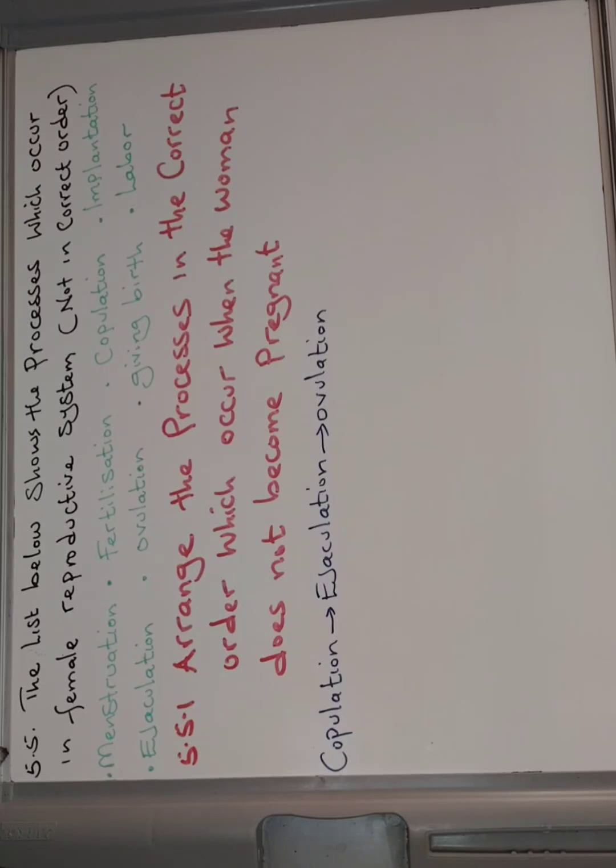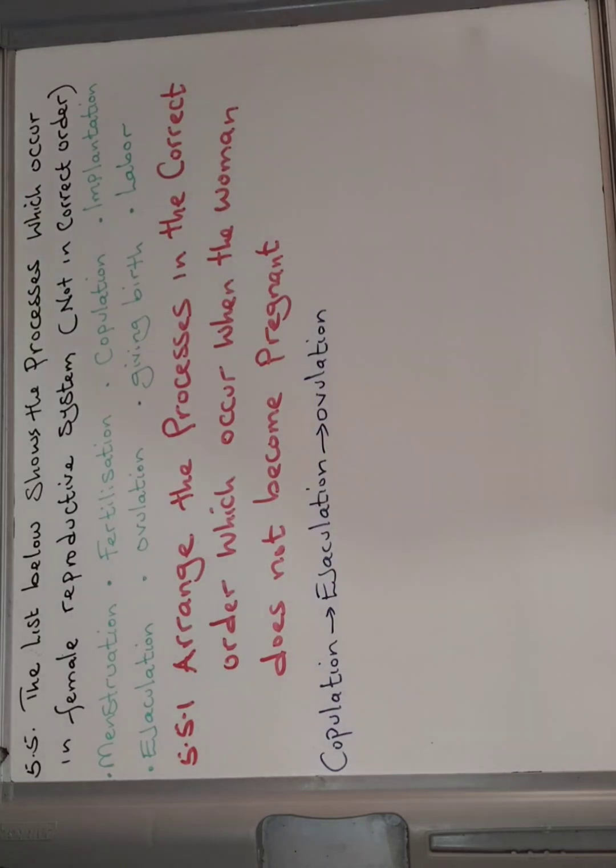So ovulation has occurred. Ovulation is the releasing of the egg from the ovary. But for whatever reason, there is no formation of the baby. There's no fertilization. So what is going to happen?